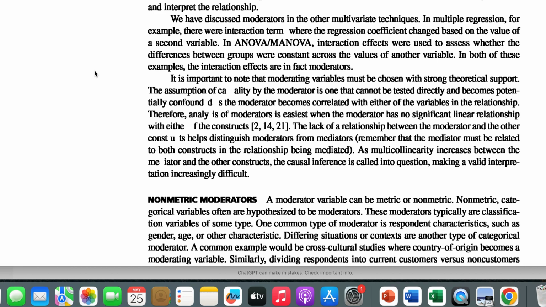The lack of relationship between the moderator and the other constructs helps distinguish moderators from mediators. Remember that the mediator must be related to both constructs in the relationship being mediated. As multicollinearity increases between the mediator and the other constructs, the causal inference is called into question, making a valid interpretation increasingly difficult.